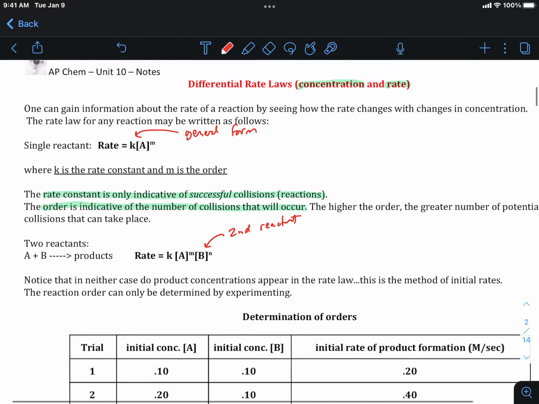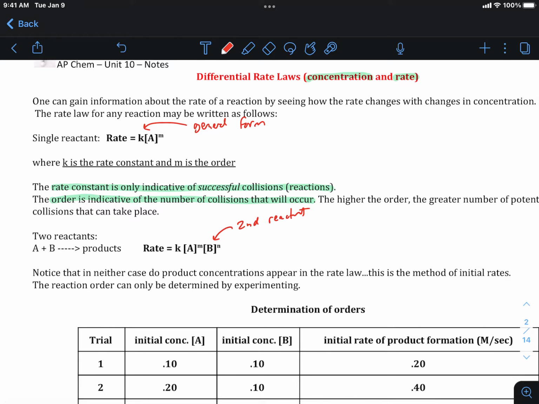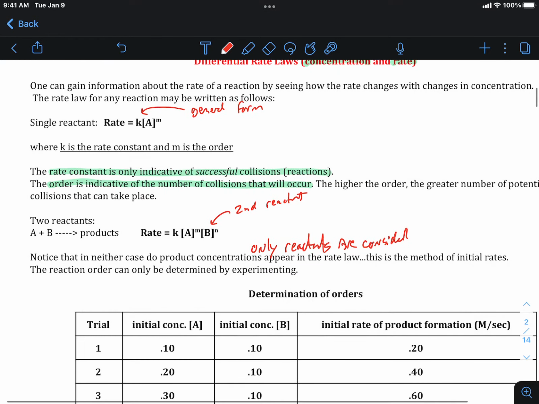Now, in this differential rate law, notice that products do not appear, right? Only reactants are considered, because we're using the method of what's called initial rates.